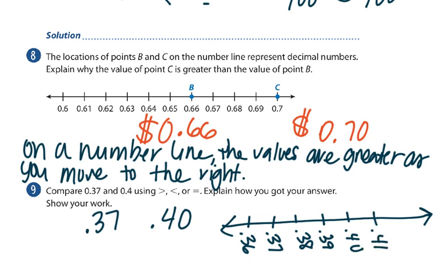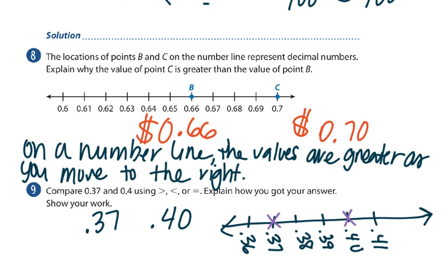Okay, and I'm going to plot 40 here, and I'll plot 37. It's the same thing that we already explained in question 7. Anything moving up to the right on the number line is increasing in value.